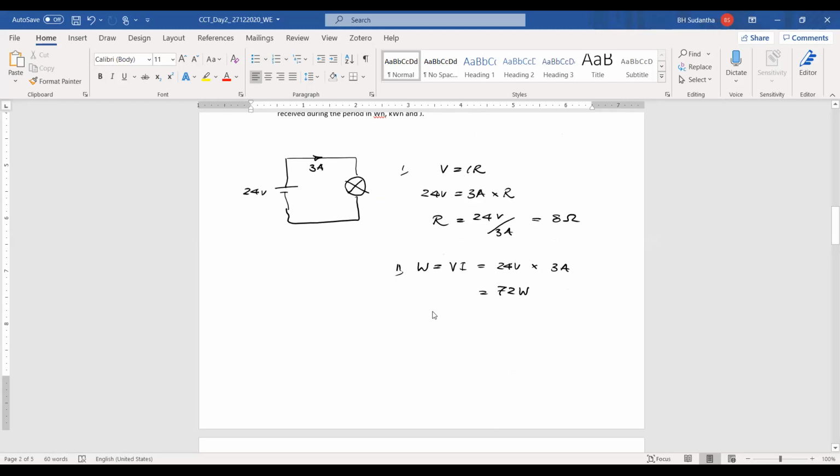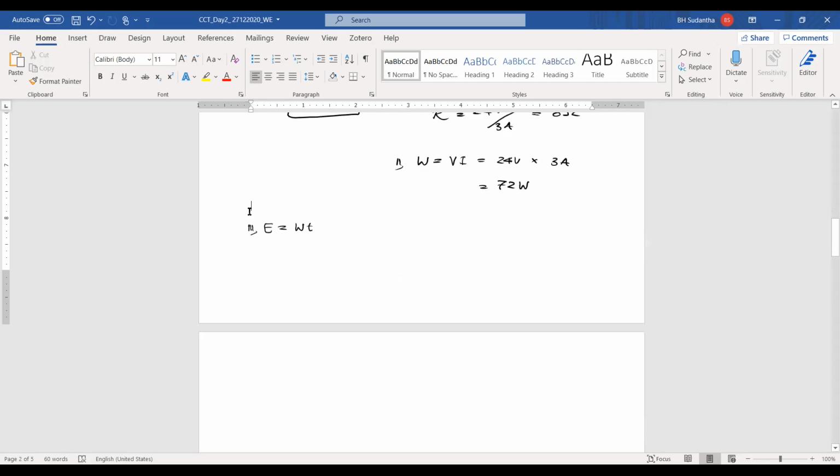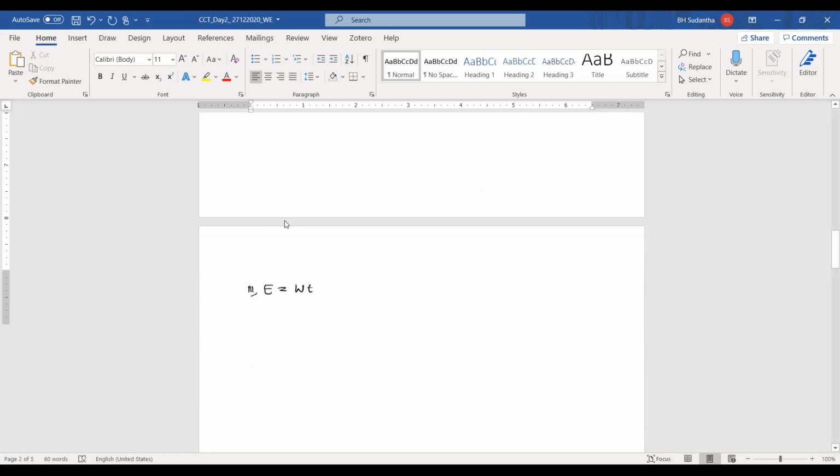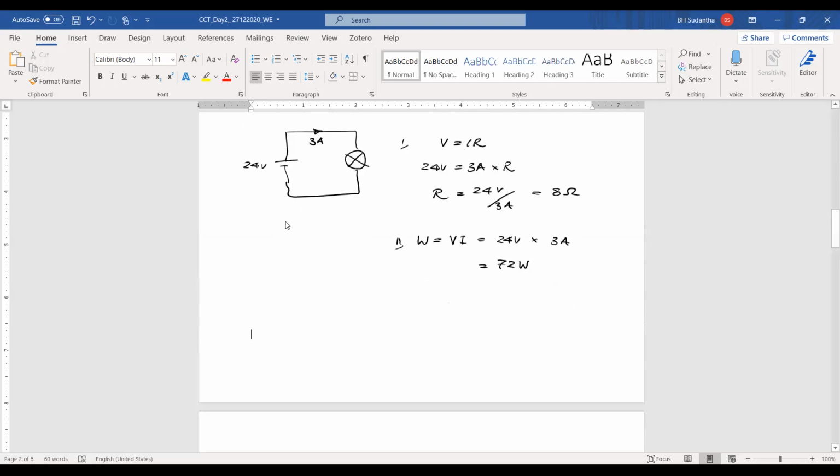Then in energy, then time. The wattage is 72. Then we are providing it in watt hours.